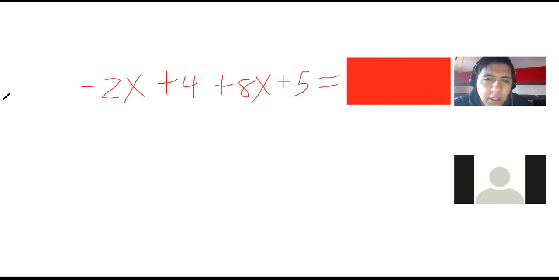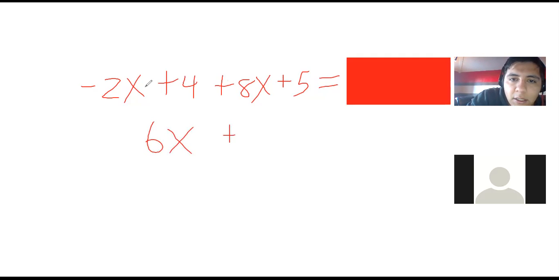So what are the things that we can combine here? 2x and 8x, and 4 and 5, right? So that should be 8x minus 2x, which would leave us with 6x. And then we have 4 and 5, which would leave us with 9.